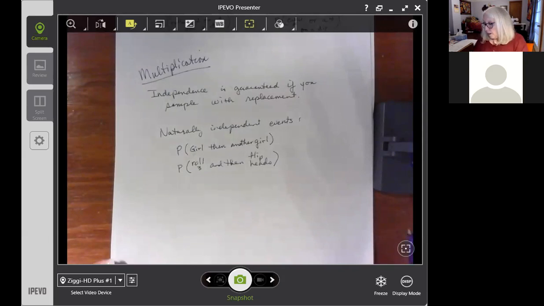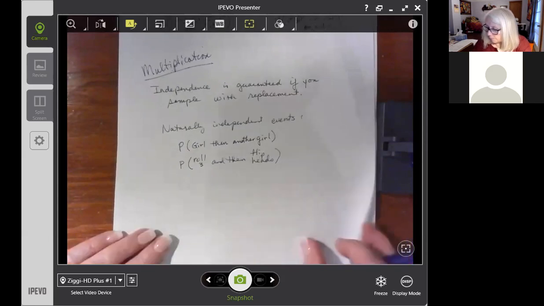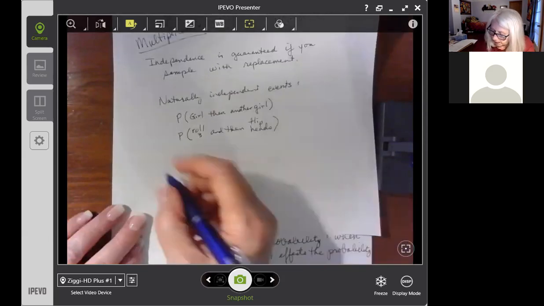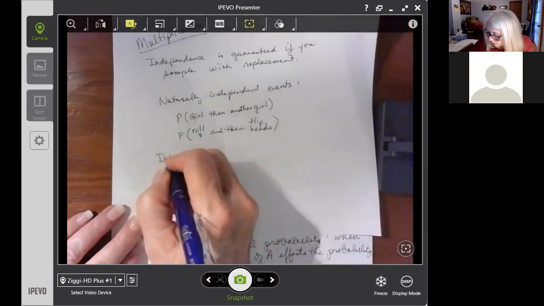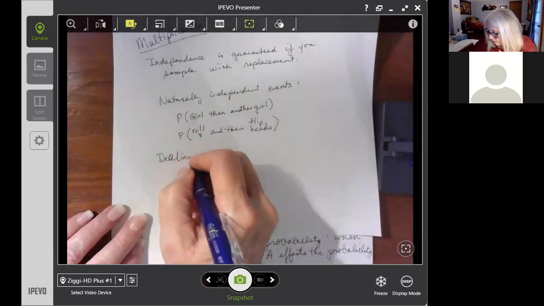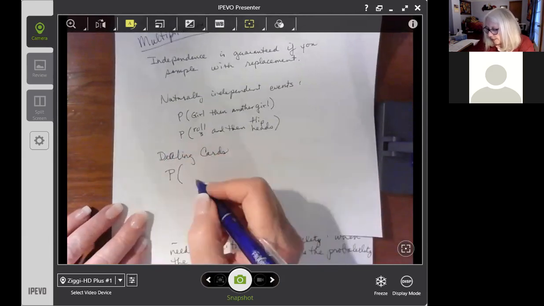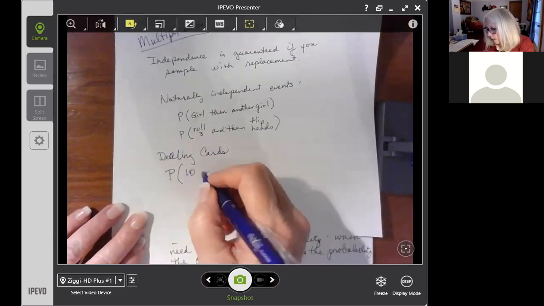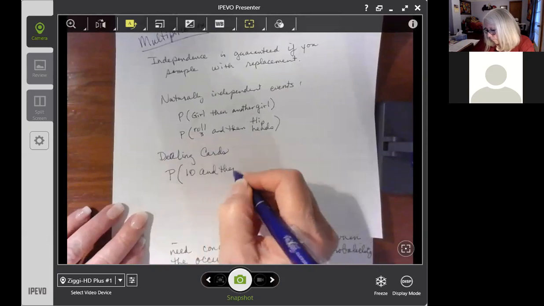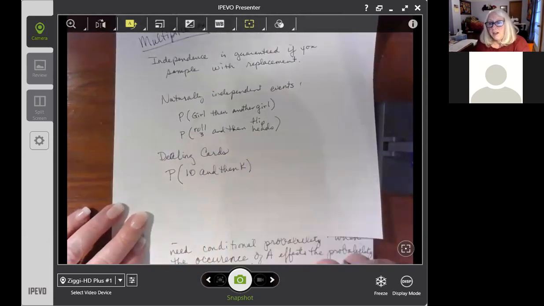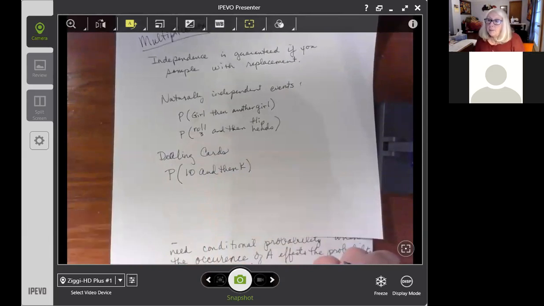So a good example is this idea of dealing out cards. If you deal cards and you want to know the probability that if I deal out 2 cards, I'll deal out a 10 and then a king, now I have to go one step further and ask, am I dealing the cards with replacement or not with replacement?